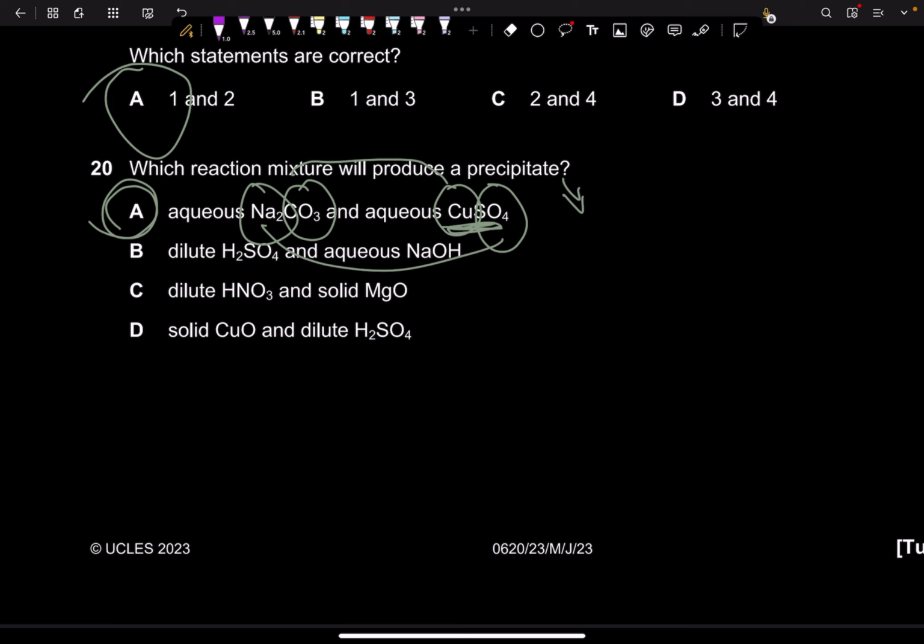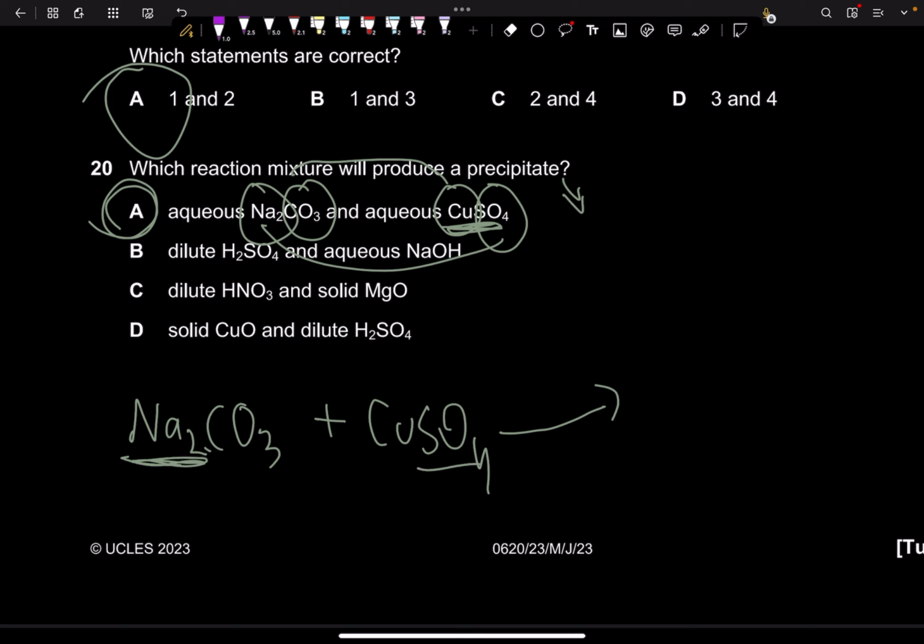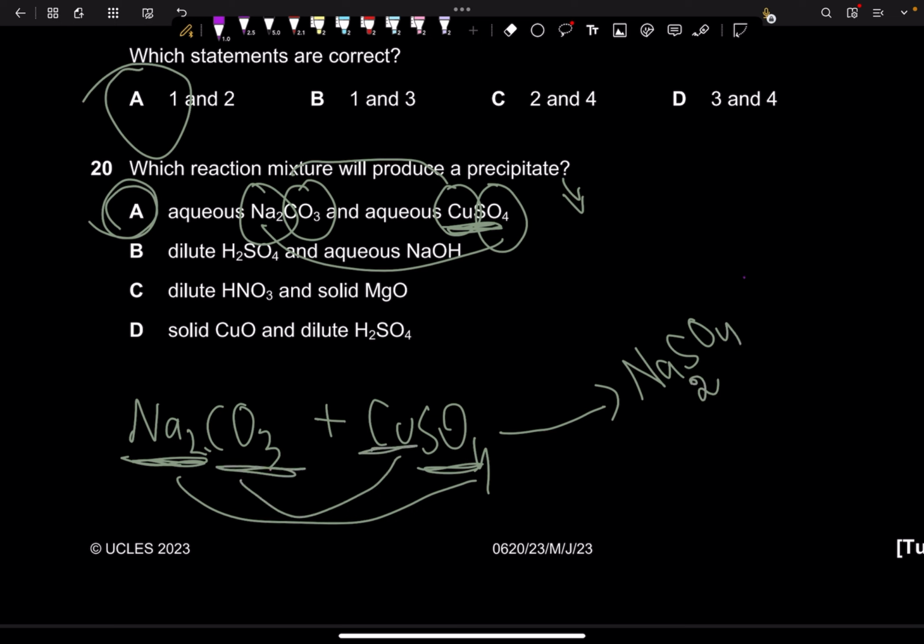Let me show it to you guys because you're not going to understand it that way. देखो, आपके पास है sodium sulfate और आपके पास है copper, not sodium sulfate, sorry, carbonate, CO3. सोडियम कार्बोनेट और साथ आपके पास है कॉपर सल्फेट. इससे आप फॉर्म करेंगे दो सॉल्ट्स. क्या होता है, ये वाला जो पार्ट है इसका फर्स्ट वाला और इसका सेकंड वाला कंबाइन कर जाता है, तो दैट विल बिकम सोडियम सल्फेट Na2SO4, और इसका सेकंड वाला और इसका फर्स्ट वाला कंबाइन कर जाता है प्लस कॉपर कार्बोनेट. अब all carbonates are insoluble except sodium, potassium and ammonium in group 1 carbonates.